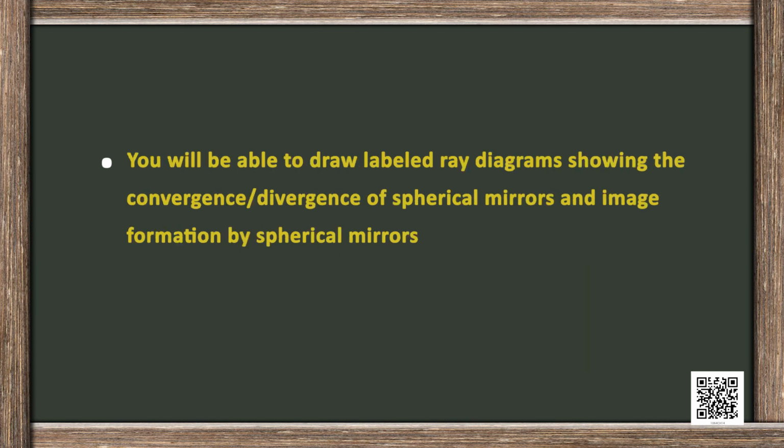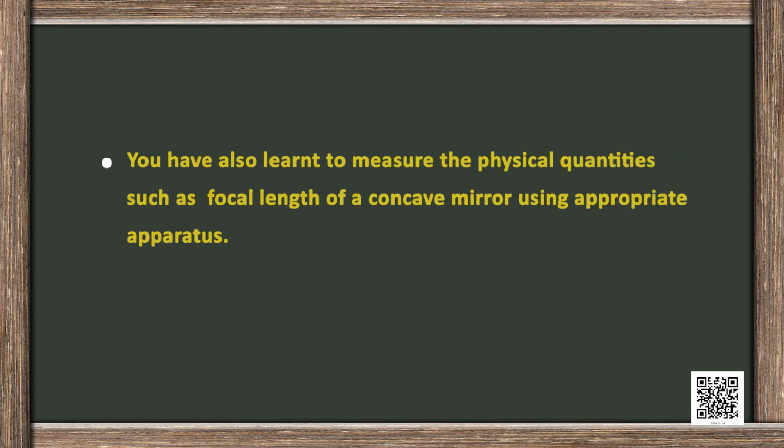You will be able to draw ray diagrams showing the convergence or divergence of spherical mirrors and also make ray diagrams pertaining to the image formation by spherical mirrors. You have also learned to measure physical quantities such as the focal length of a concave mirror using appropriate apparatus. You are now able to give uses of spherical mirrors in day-to-day life.